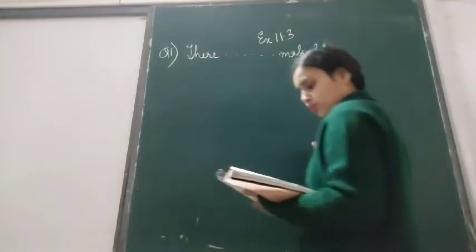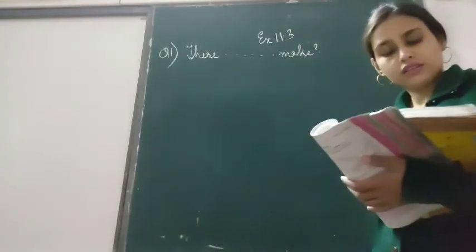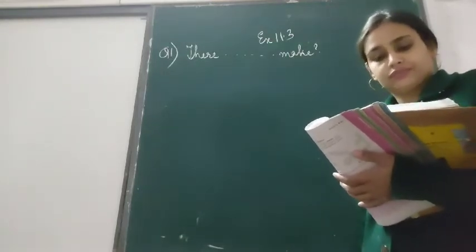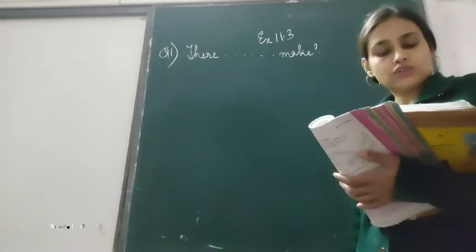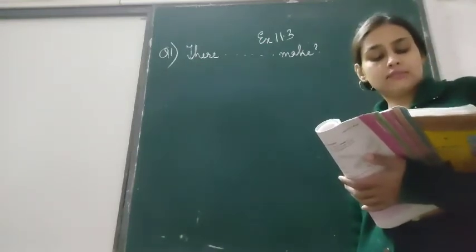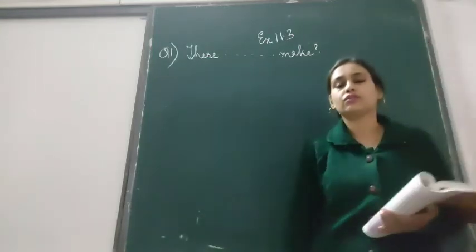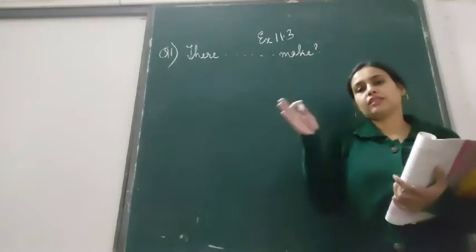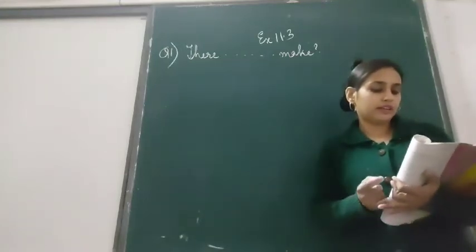So there are two cuboidal boxes. Actually one is a cuboid and one is a cube. As shown in the adjoining figure, which box requires the lesser amount of material to make? Lesser amount of material means how much material will be required. So children, there can be two things.